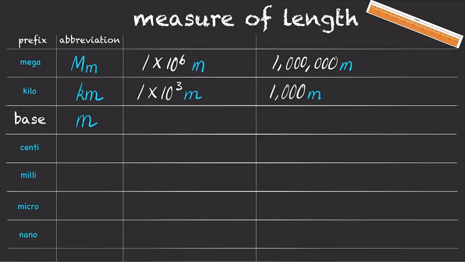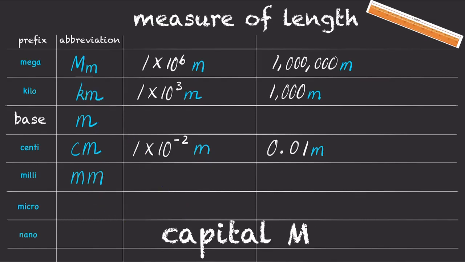In summary, 1 centimeter can be written as 1 cm, where the prefix centi means 10 to the negative 2. The negative exponent, negative 2, makes the base unit of meter 100 times smaller, which we write as 0.01 meter. Likewise, 1 millimeter can be written as 1 mm, where the prefix milli means 10 to the negative 3.